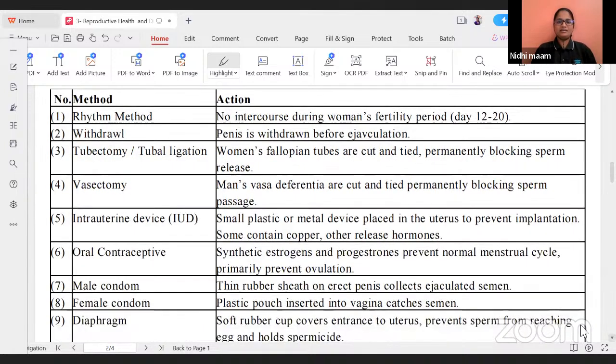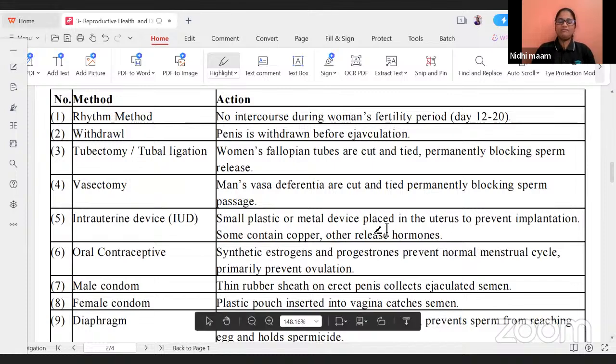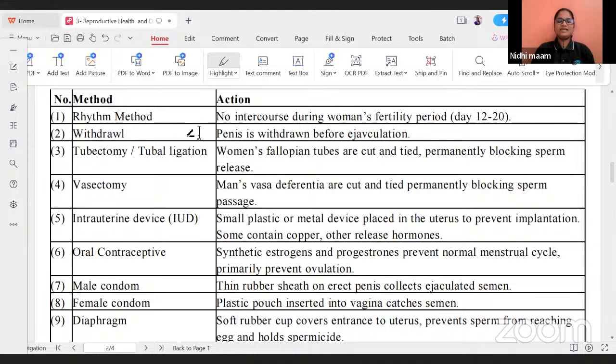So this tabular column shows the contraceptive methods. Here you can see the rhythm method, where no intercourse will happen. The couple will not have sexual intercourse during the fertile time of a woman, that is day 12 to day 20 of her menstrual cycle. Next is withdrawal.